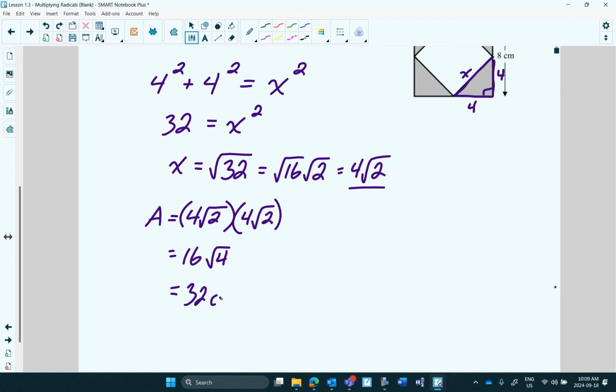Don't forget your units. Perimeter. Still confuse these. Is 4 times 4 root 2, which gives me 16 root 2. Okay. That's good. You guys did well with that.